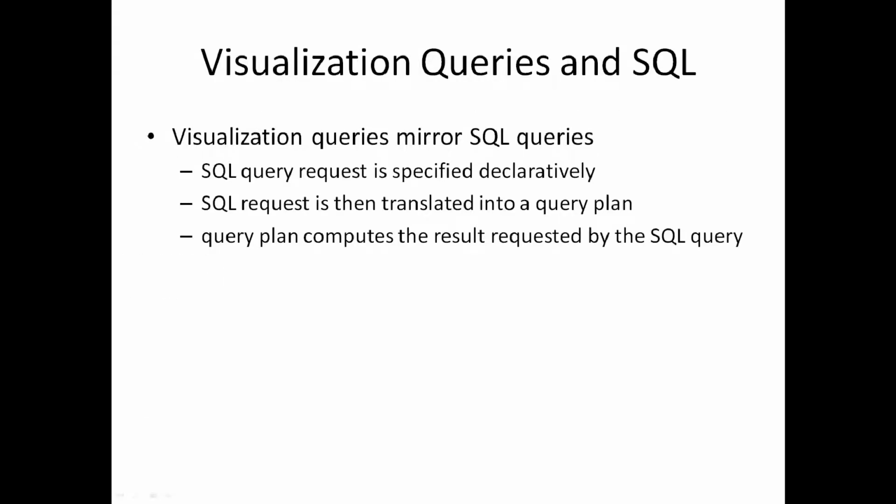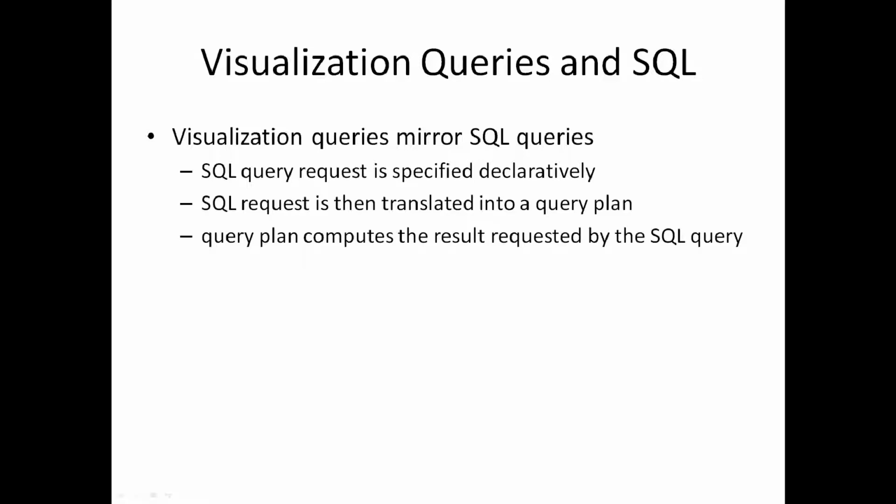To frame the notion of our visualization queries, I'm going to draw parallels between our visualization query language and an extremely popular query language, SQL. Visualization queries mirror SQL queries in that SQL query requests are specified declaratively. SQL query requests are then translated into query plans, which are pipelines of relational algebra operators.